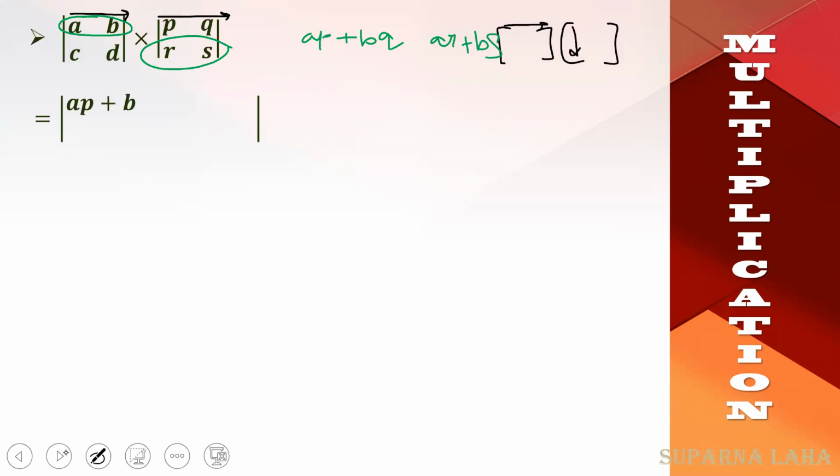Similarly, the second row with the first row, and then again the second row with the second row. So for determinants, we move row with row. We multiply each row with the rows of the second determinant. That's the rule for multiplication of two determinants.